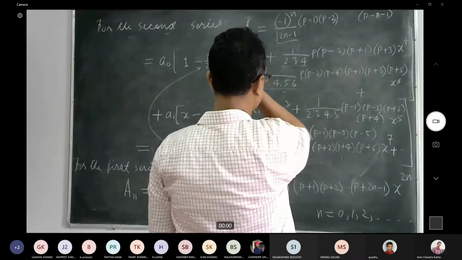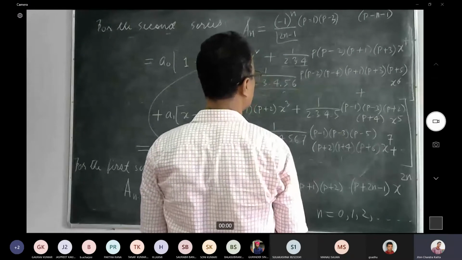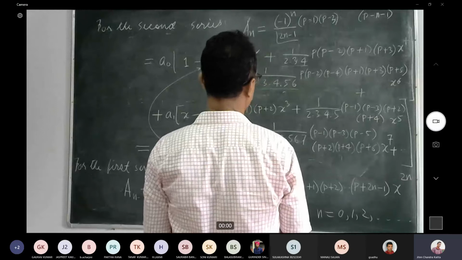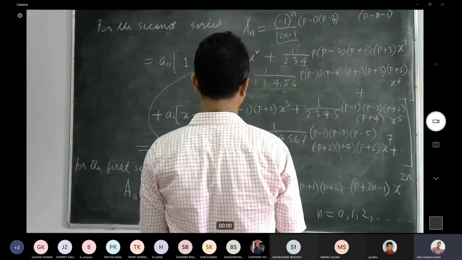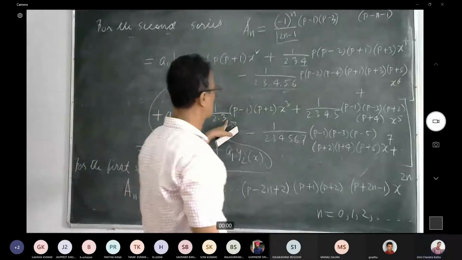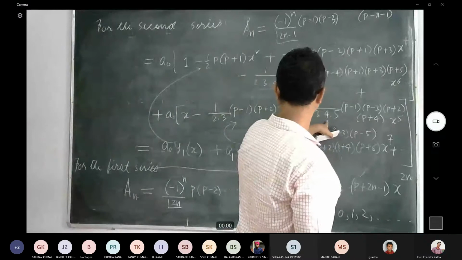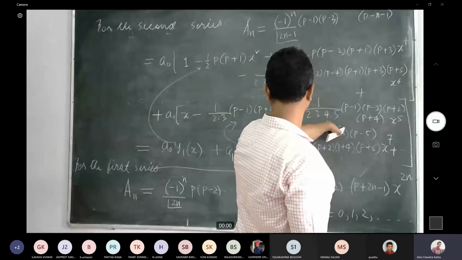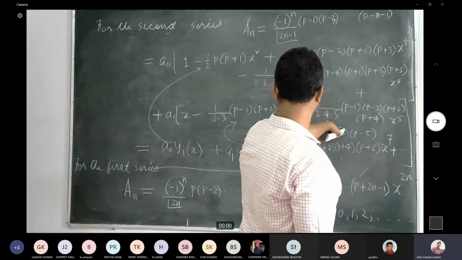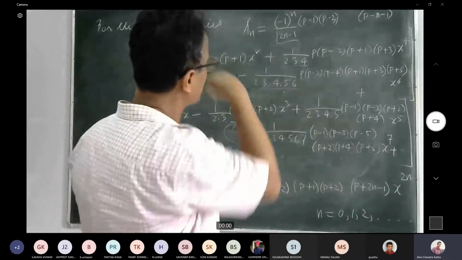So 3, if you connect it with 2, that is this 2n minus 1. If you connect it with 1, 2, 3. Did I miss one term somewhere here?